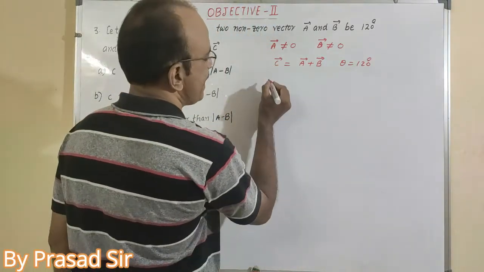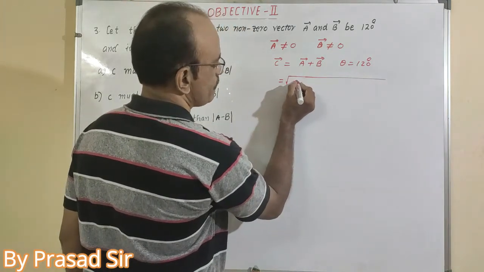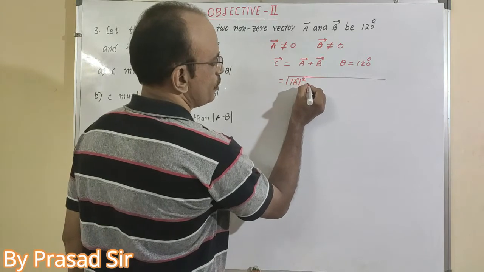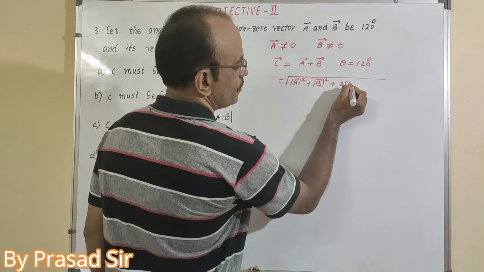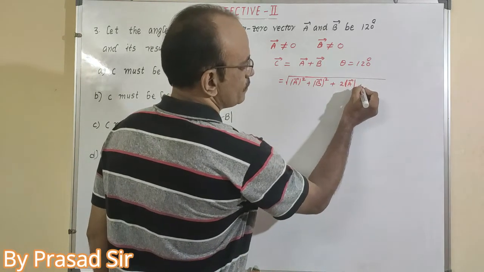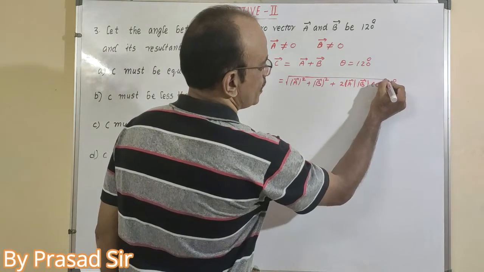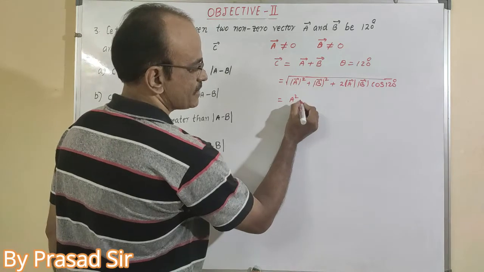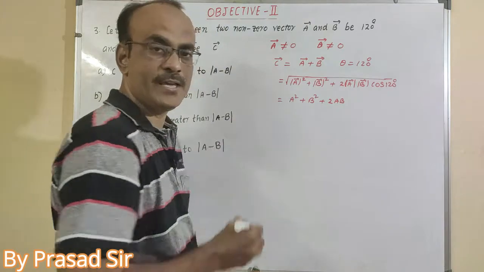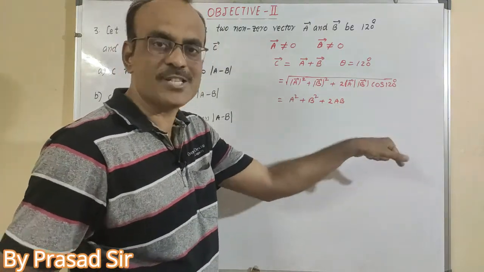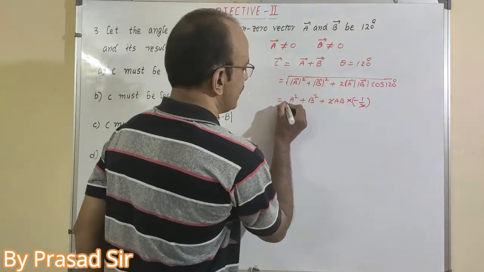Now I will write the magnitude of C vector is equal to square root of A magnitude whole square plus B magnitude whole square plus 2 times A magnitude, B magnitude, and cos 120 degrees. Here A square plus B square plus 2AB into cos 120 degrees, how much? Minus 1 by 2. So into minus 1 by 2, the 2 gets cancelled.